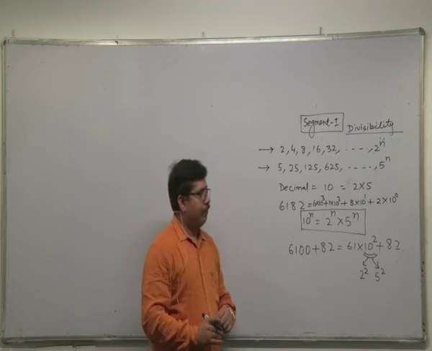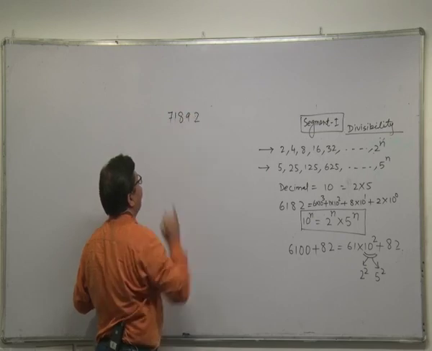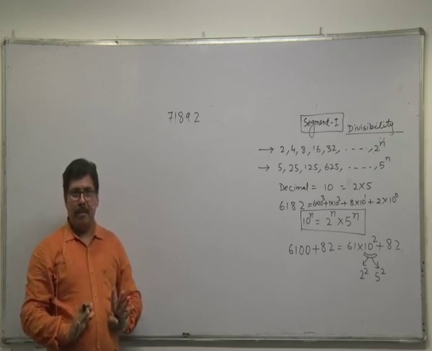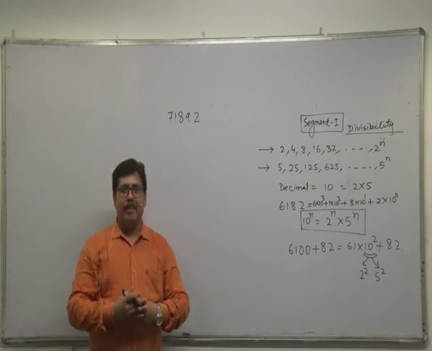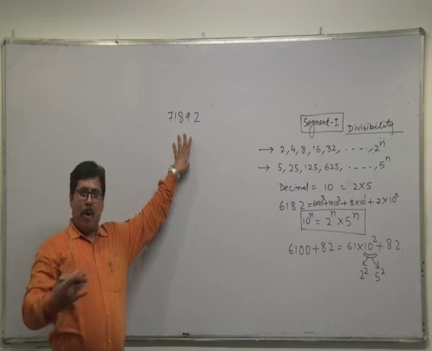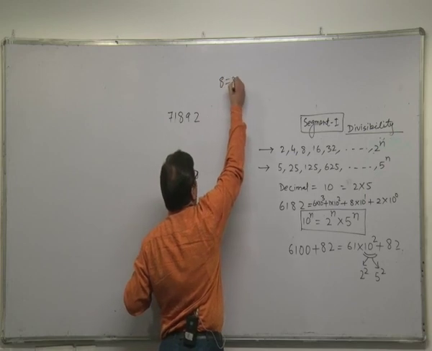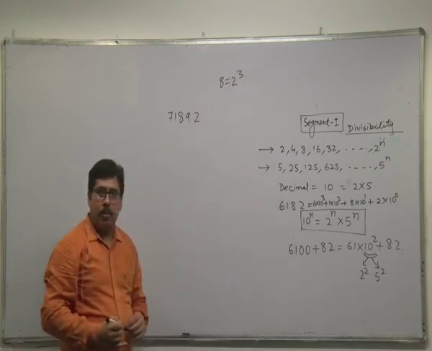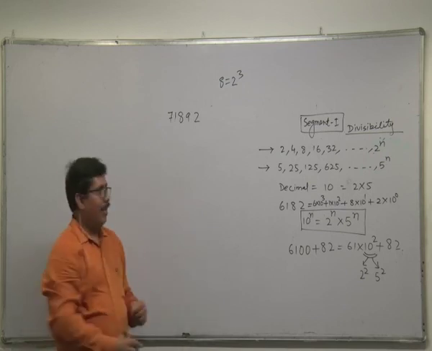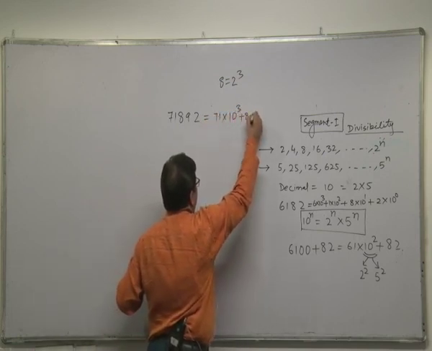Let us take one more example. 71892. 71892 is a big number. We want to check the divisibility of this number by 8, whether this number is perfectly divisible by 8 or not. 8 is 2 raised to the power 3, right? So we need to focus upon 10 raised to the power 3. Can I write this number as 71 into 10 raised to the power 3 plus 892?